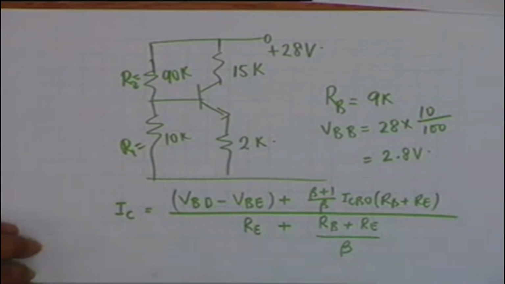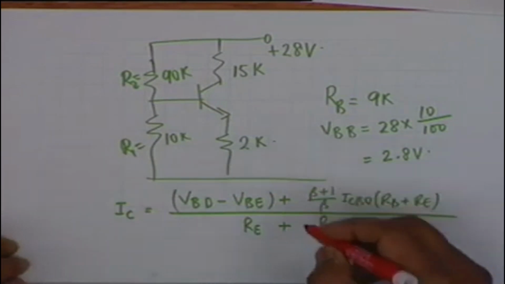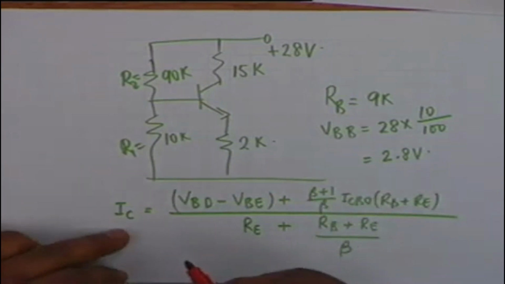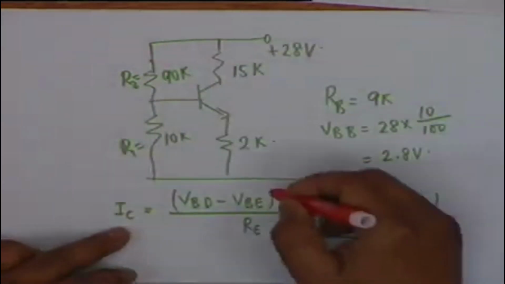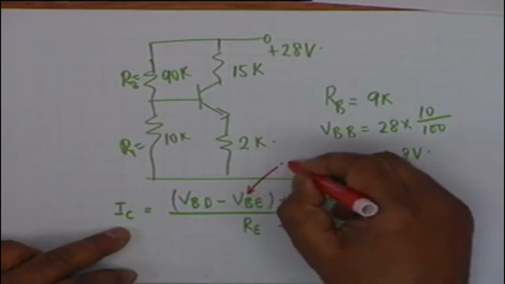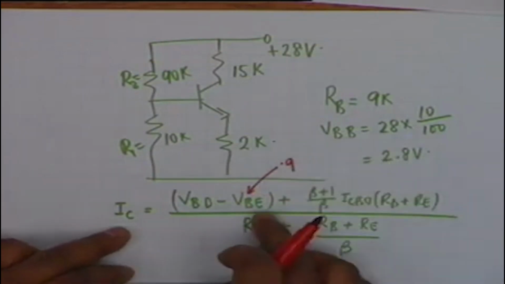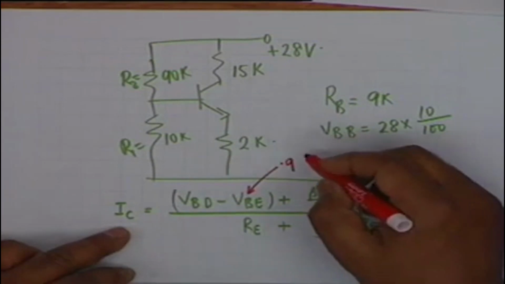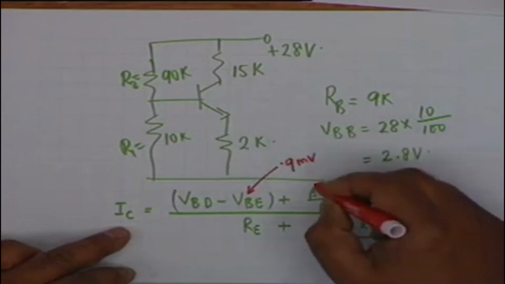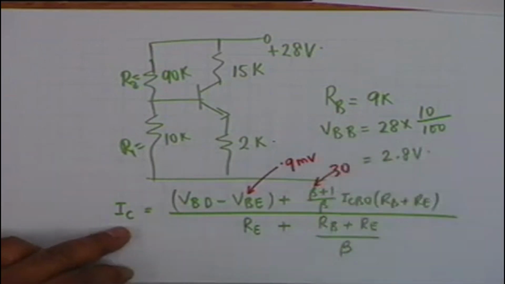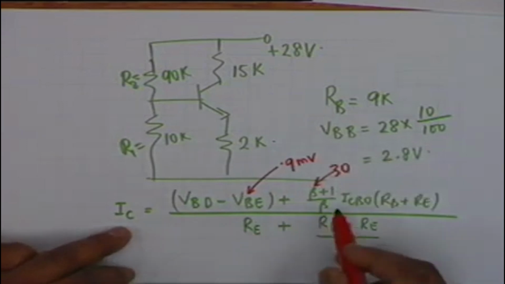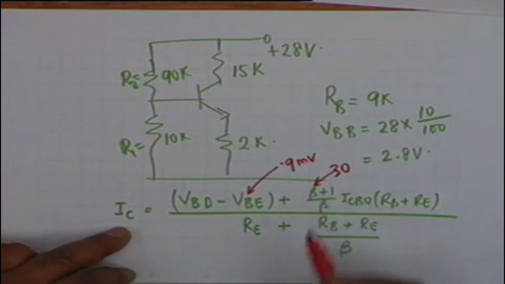The two worst cases are the following. One is that you want the minimum IC. You want the worst cases, the minimum and the maximum. Obviously the minimum shall occur when VBE is 0.9, because it subtracts. VBE is 0.9 volt, beta the smallest value, which is 30. Now you might ask me, why do you take the smallest value? Because this is (beta plus 1) divided by beta, and there is a division by beta here.